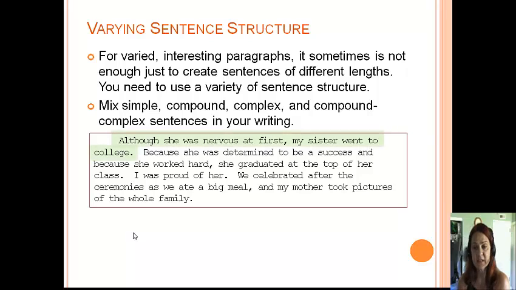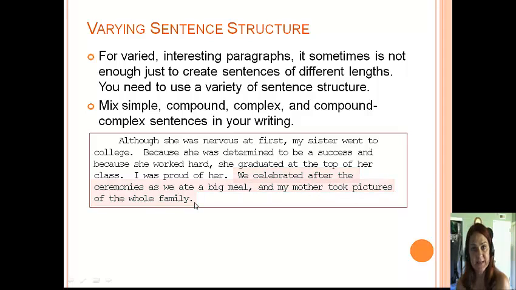Okay, so let's look at this. Although she was nervous at first, my sister went to college. Complex sentence. Because she was determined to be a success and because she worked hard, she graduated at the top of her class. Complex sentence. I was proud of her. Simple sentence. We celebrated after the ceremonies as we ate a big meal and my mother took pictures of the whole family.